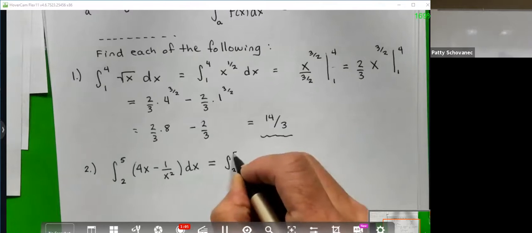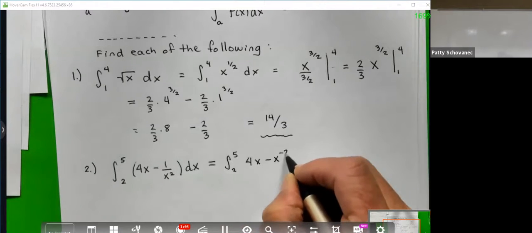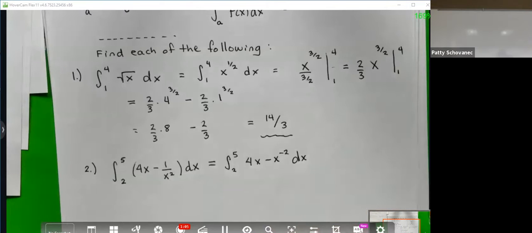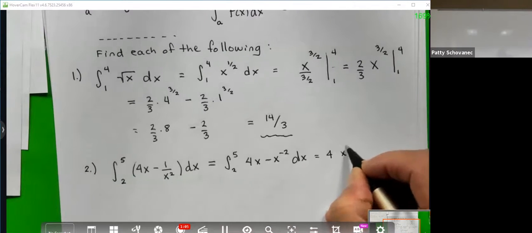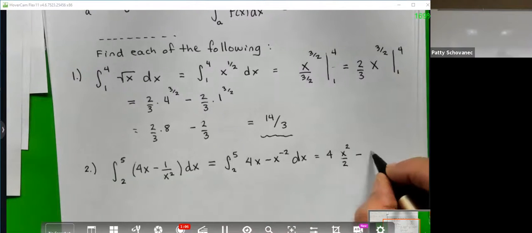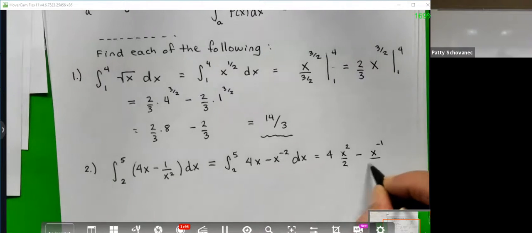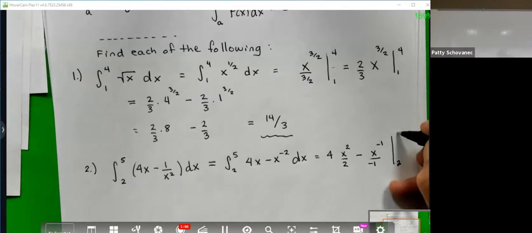Let's start by writing that as 4x minus x to the negative 2. Then we add 1 to the power, divide by the new power. Hang on to the 4, add 1 to the power gives me an x squared, divide by that. Pull out the minus, add 1 to the power, gives me a negative 1, divide by that. And then we don't need the plus c, we'll just go from 2 to 5.